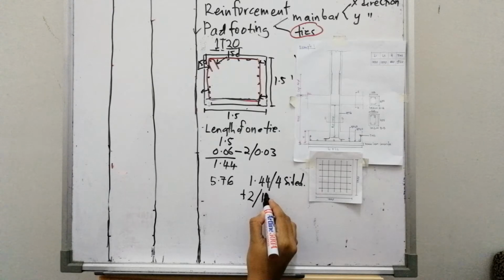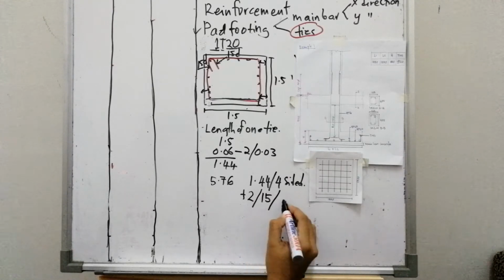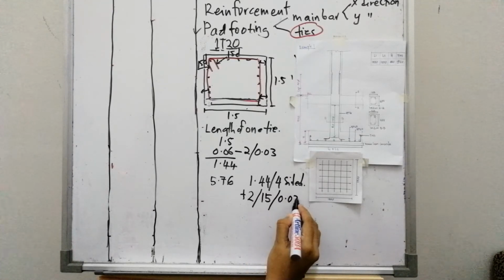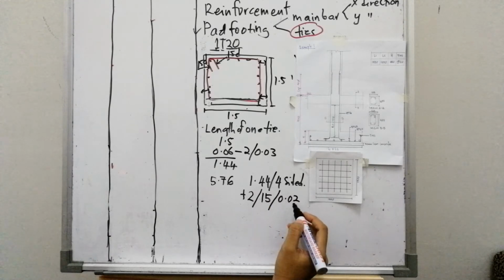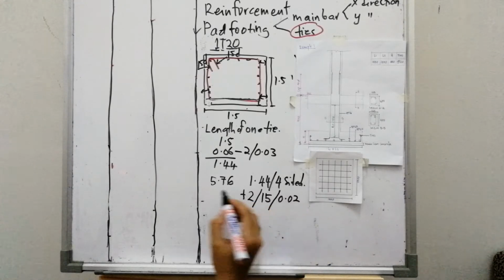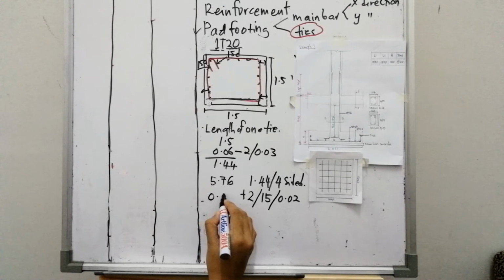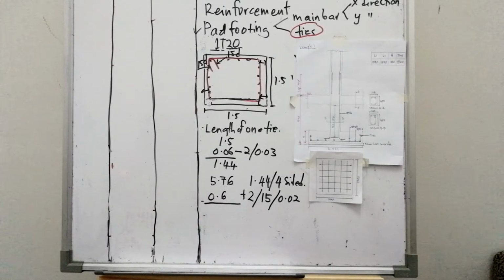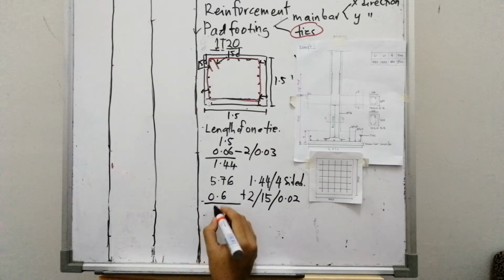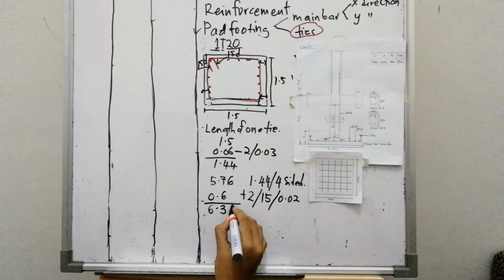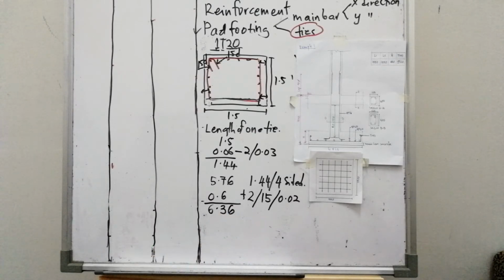The value of hook is 15 times the diameter, 0.02. So this is your hook, and the value is 0.6. You total up in order to get the length of one tie, so we get 6.36. That is the length of one tie.